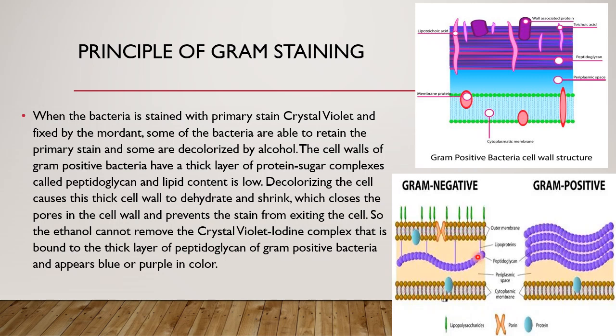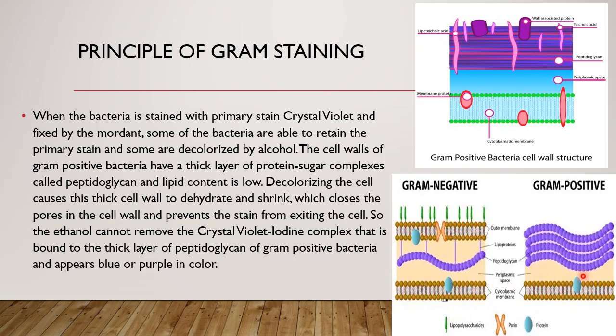This is the primary stain for both gram positive and gram negative. Consider a loopful of bacteria where both gram positive and gram negative are present. When you add the primary stain, crystal violet, both the bacteria will take up the crystal violet, and both will appear purple in the first step.